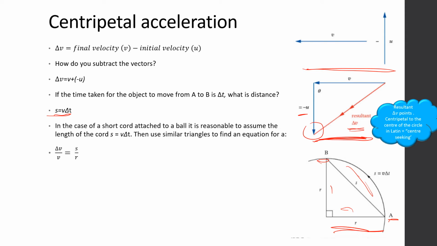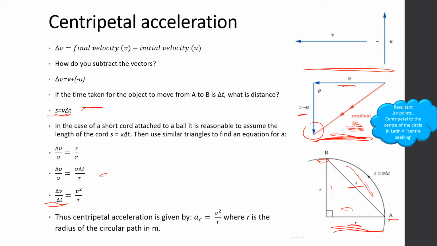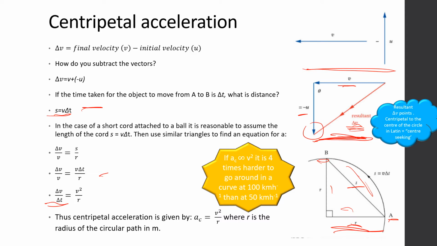So therefore we can say, looking at this one, delta V over V is equivalent to S over R. We can then substitute in this equation here that we've got for S, so delta V over V equals V delta T over R. And we can rearrange that further to give us delta V over T, which is an equation for acceleration, and therefore centripetal acceleration, or A subscript C, is equal to V squared over R, where R is the radius of a circular path in meters, in this case a piece of string, or the length of the piece of string.